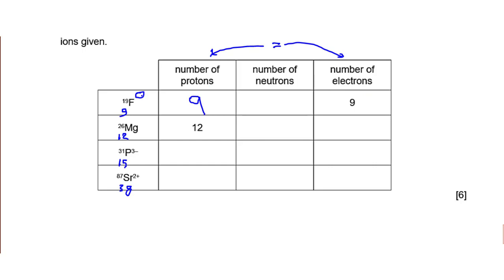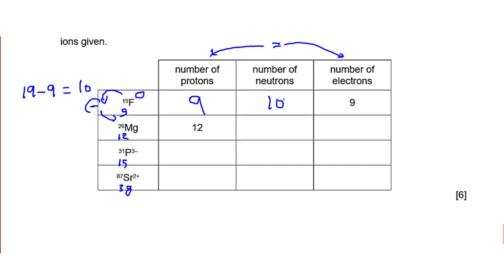What about the number of neutrons? Remember the rule, number of neutrons equals nucleon number minus proton number. It means 19 minus 9, of course, equals 10.